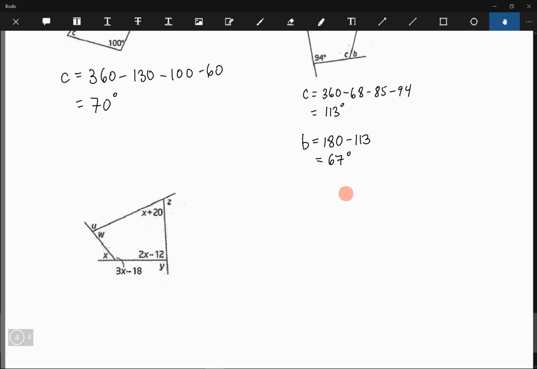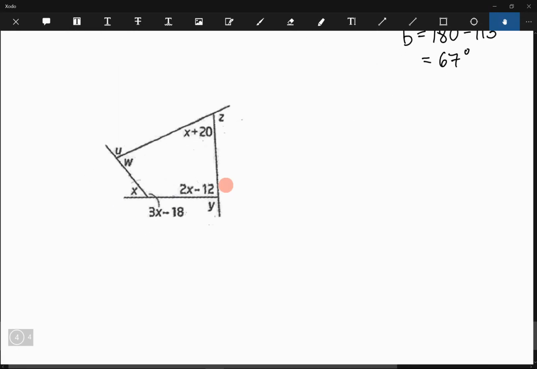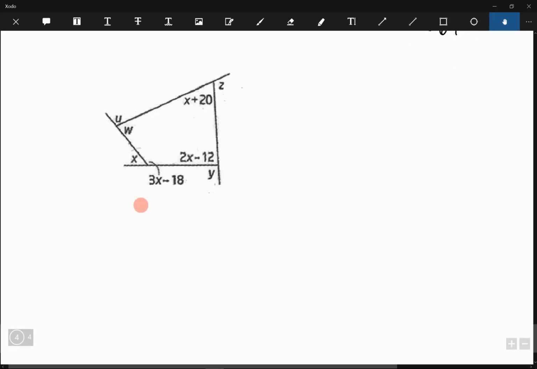Finally, at the bottom, complicated one, have to use some algebra here. So what I indicate here is that the interior angle is 3x minus 18, exterior is x. So first of all, these two here have to add up to 180 degrees.